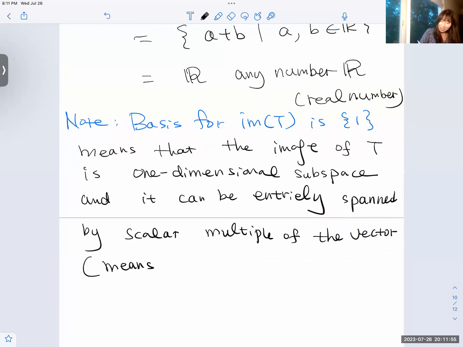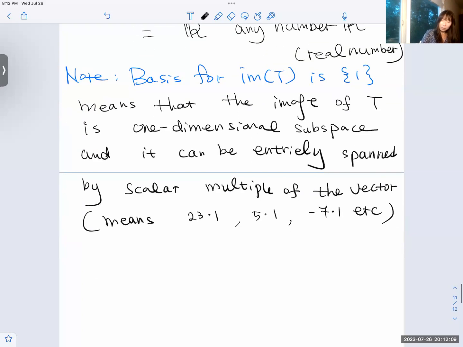This means 23 times 1, 5 times 1, negative 7 times 1, and so on, right? Spanned and linearly independent, we need to show that C times 1 equals 0 means C equals 0, so it is linearly independent.